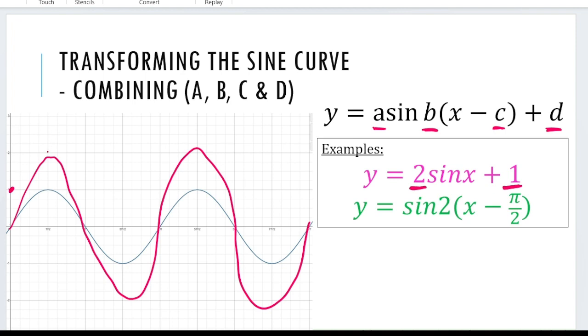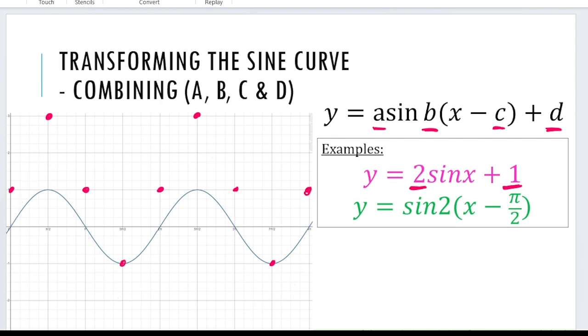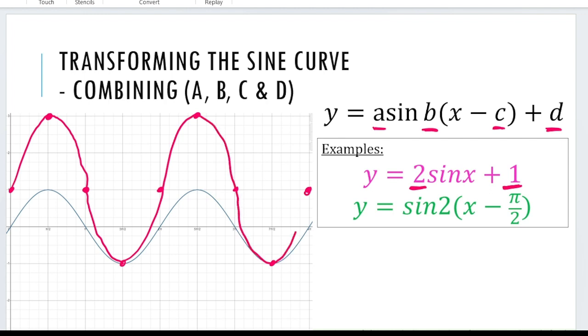So that one moves up, that one moves up, up, up, up, and up. We are going to get rid of that traced one, and we're going to draw a nice new twice as big and translated up by 1 graph.